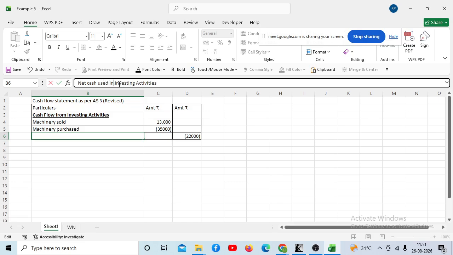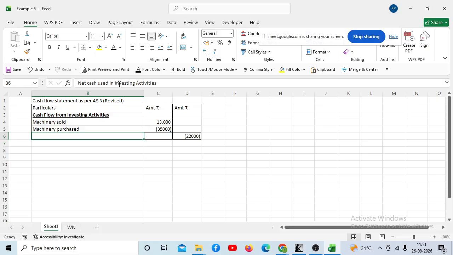Because we invest in the assets, right? So this is called net cash used in investing activity. Any doubt? Done. No. Okay. Shall we proceed further?